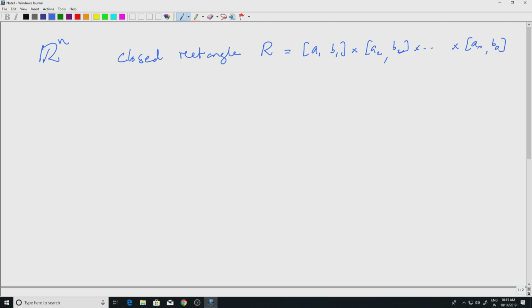So, in R2 it would be like [A1, B1] here, let us say [A2, B2] here, we have the box here. So, this is a rectangle in R2.